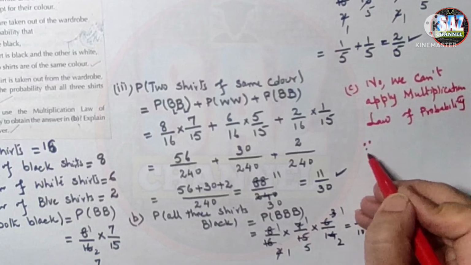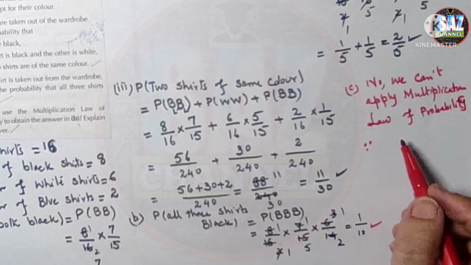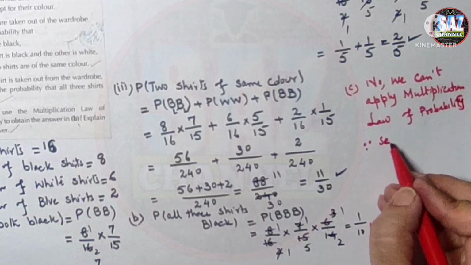What is the reason? That the selection of three shirts are dependent events.